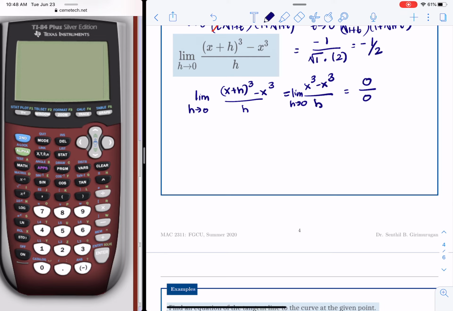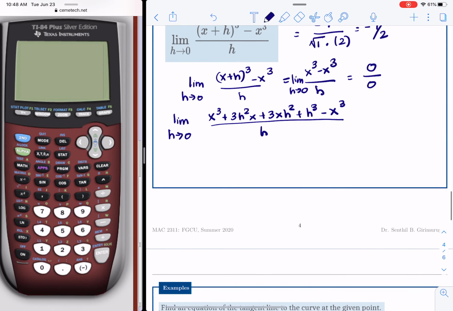So I am going to FOIL the numerator, and if I FOIL, that's what I would get. And I am going to get rid of the x cubed terms. That's going to go away. Oh, I'm sorry, this term is xh squared, hx squared.